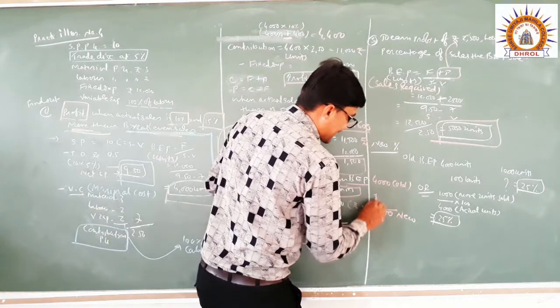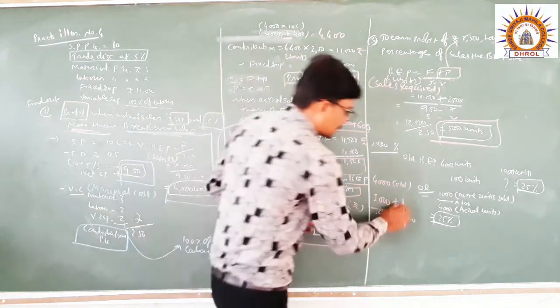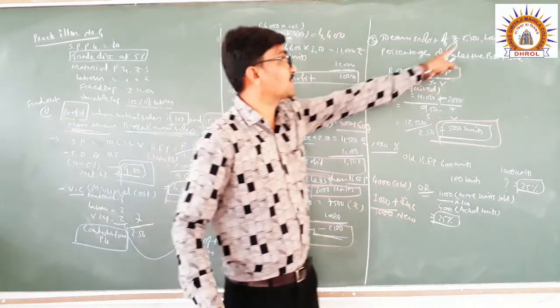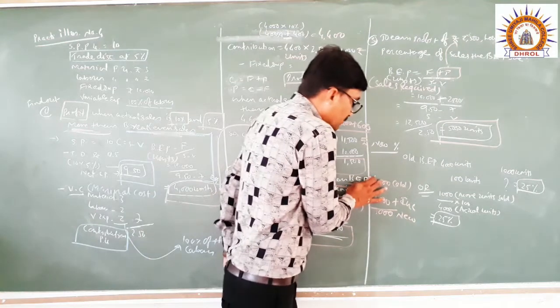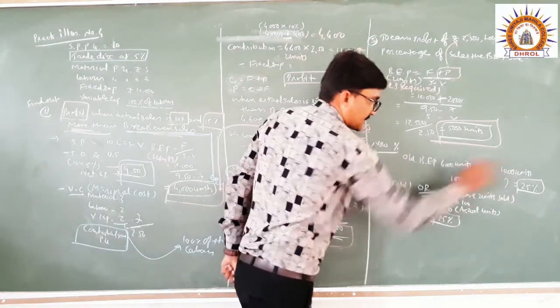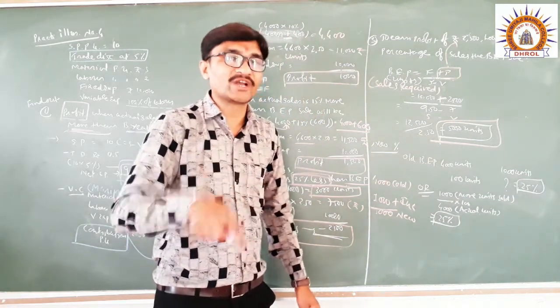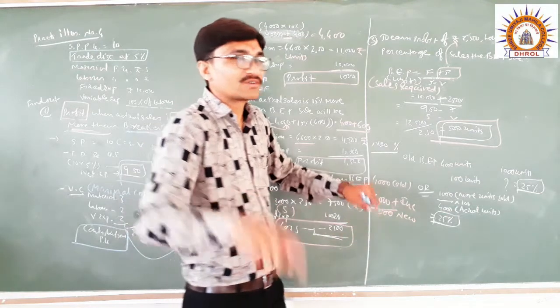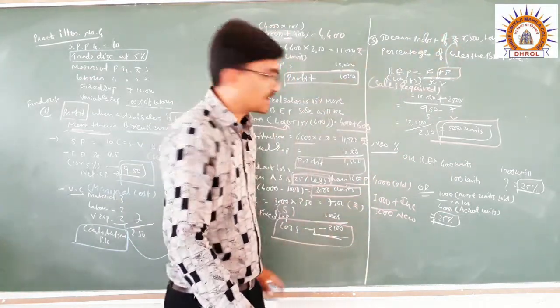So the change is that 1,000 increase. 1,000 increase if the profit earned is ₹2,500, right? So with the help of both these units, you can calculate the percentage. How many percentage increase in units, through that you get 2,500 profit, right?